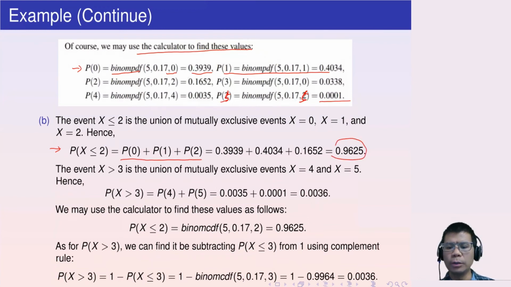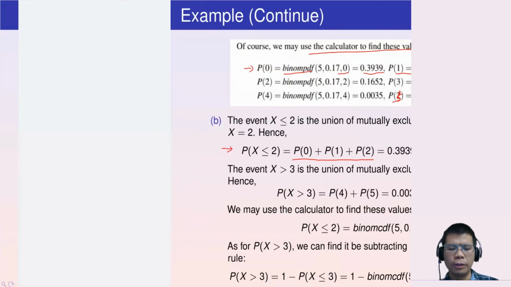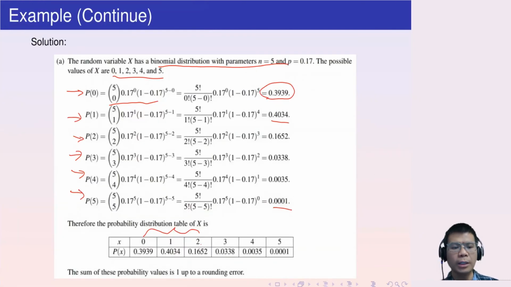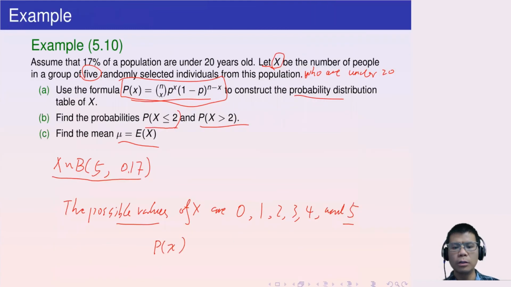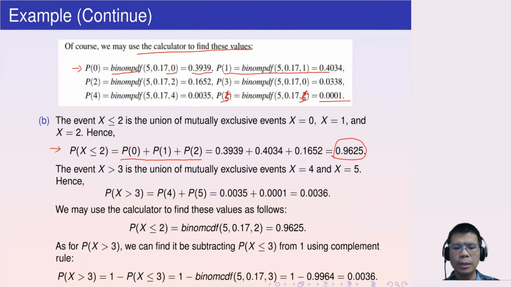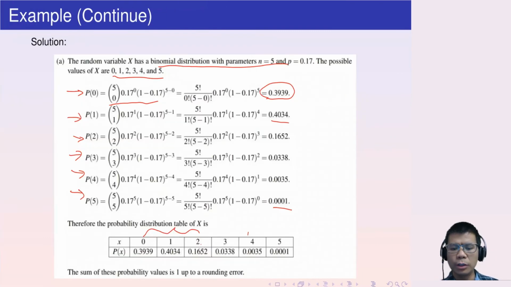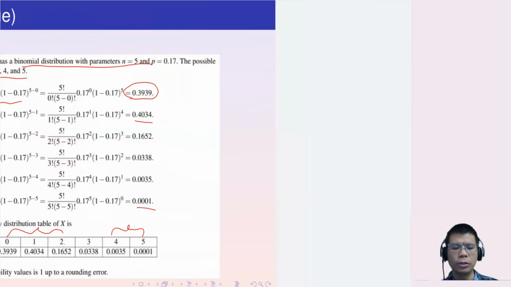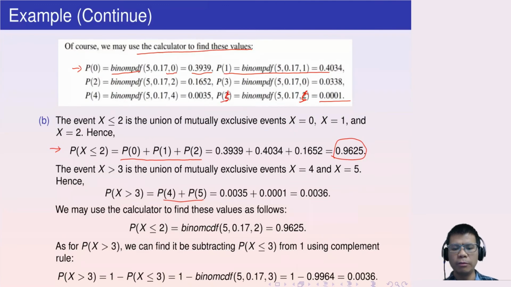So we find this is 0.9625, right? So now the event for X greater than 3. Greater than 3 means either 4 or 5, right? So P4 plus P5, that is given here.